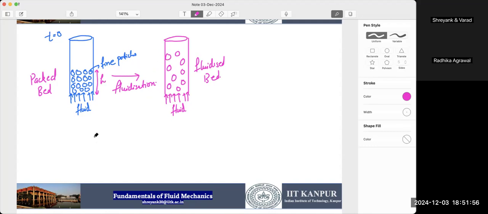So to understand fluidization, we should first plot how the height of the packed bed is changing and how the pressure drop is changing.